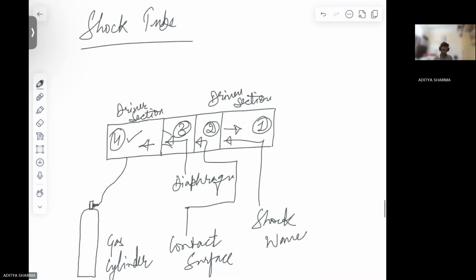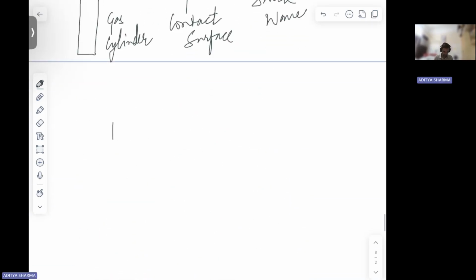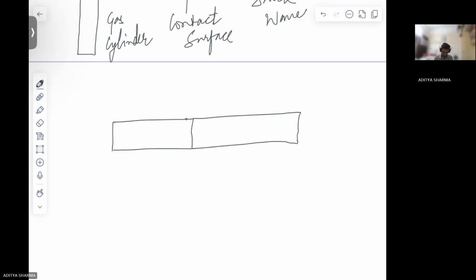Now regarding the instrumentation, what we do. First we'll keep one pressure gauge here to see the burst pressure, right?